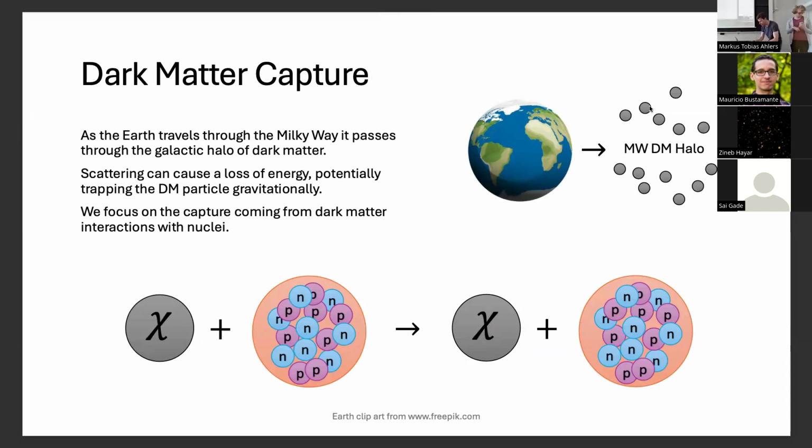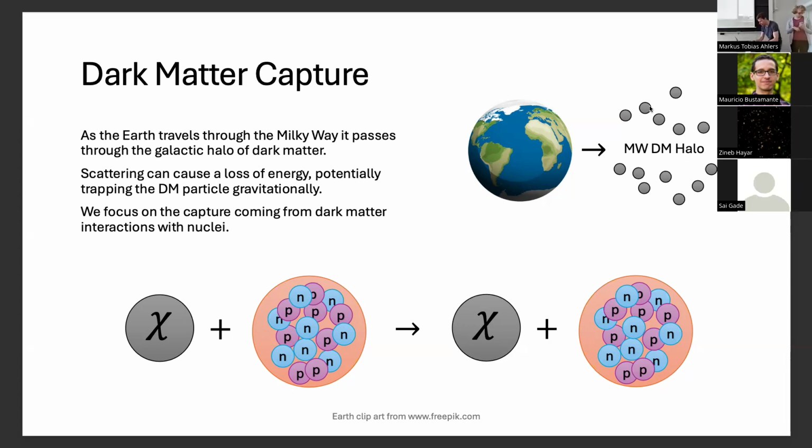So to do this, we obviously want a higher density of dark matter, and dark matter is distributed across the Milky Way in a halo. There are a few different profiles for this, but as the Earth travels through the Milky Way, it moves through this dark matter halo. If dark matter interacts with the constituent particles of the Earth, such as the nuclei making up the elements inside the Earth, the dark matter could lose energy and thus be gravitationally trapped inside the Earth.